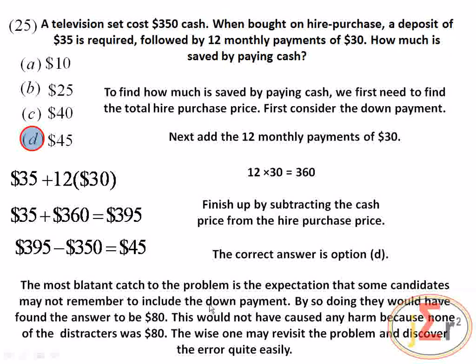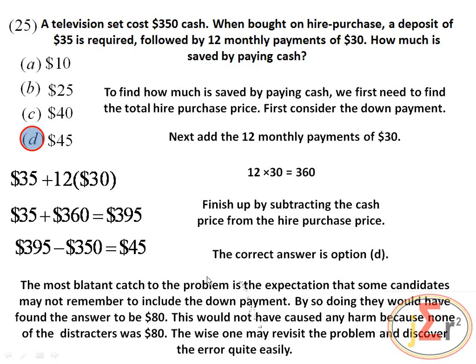The most blatant catch to the problem is the expectation that some candidates may not remember to include the down payment. By so doing, they would have found the answer to be $80. This would not have caused any harm because none of the distractors was $80. The wise one may revisit the problem and discover the error quite easily.